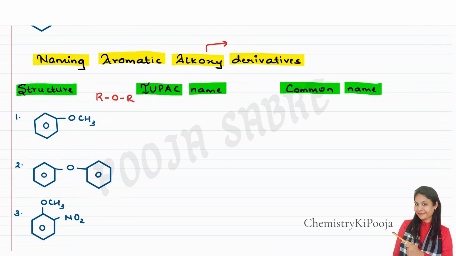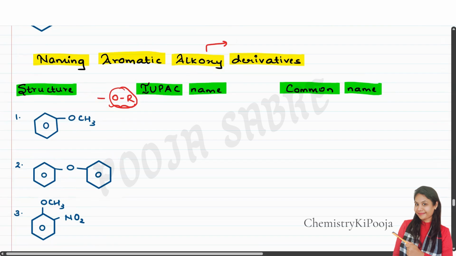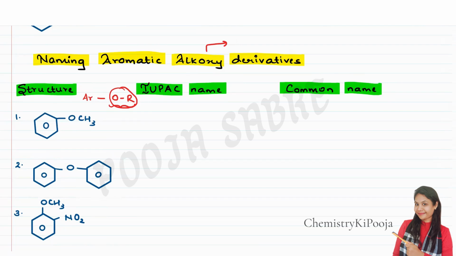For ethers, always remember the naming will be alkoxy for one R, the alkyl group, taken with oxygen, and then the other R will be the alkane. This we have already studied. But now, instead of R, there is a benzene ring, that is the aryl group. So the alkyl group will be named as alkoxy, and the aryl group will become benzene.